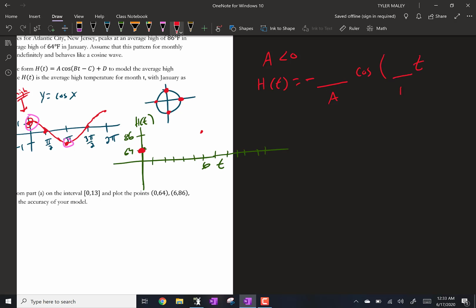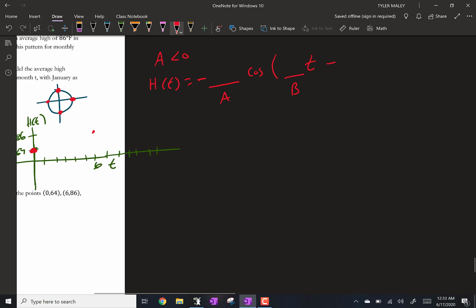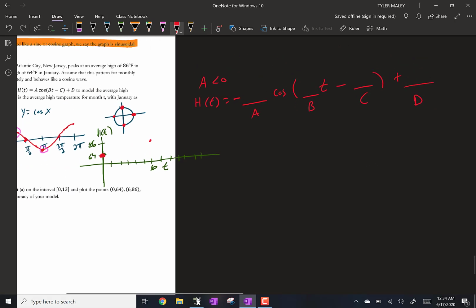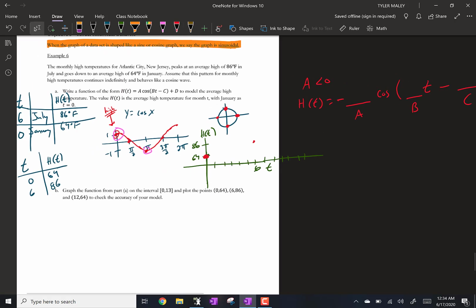We need to fill in this blank, which would be our b value, and then minus c, plus this part would be d. These are the parts that we'd fill in.